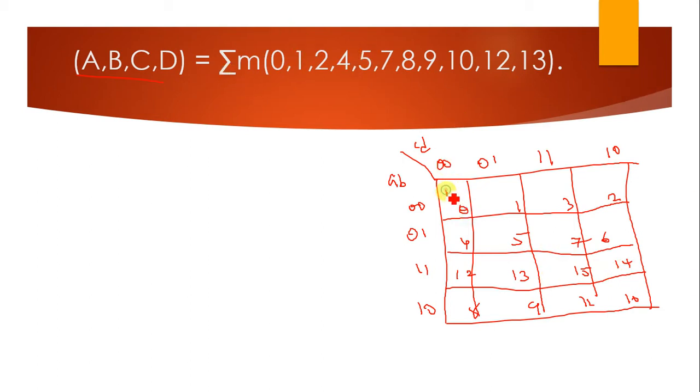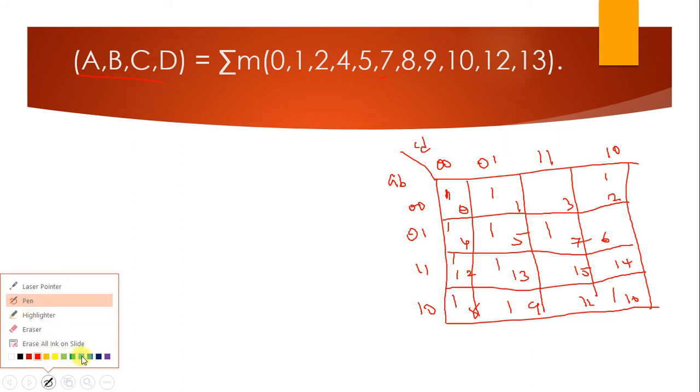Okay, make the respective ones. This is 1 here, you got 1 here, you got 1 at the corner, you got 1 here, at 5 also you got 1, at 12 you got 1, 13 you got 1, 10 you got 1, 8 you got 1, 9 you got 1, and 7 you got 1. Now let us start grouping them.